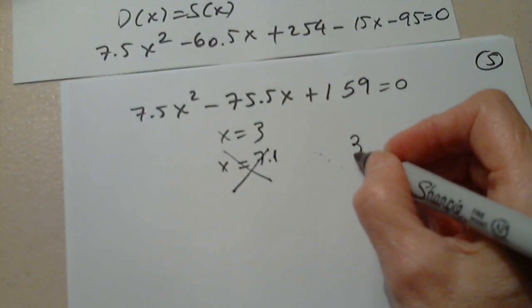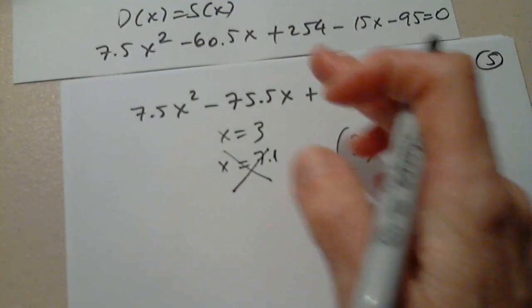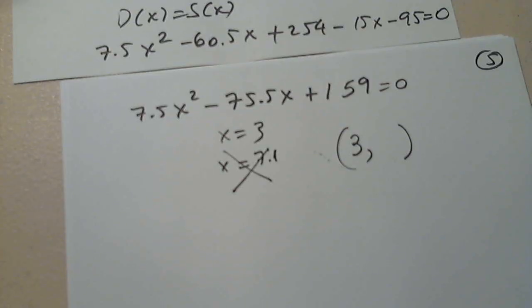So the equilibrium point is (3, ...), and now both of them are the same number at 3, of course. So I will plug in 3. At 3, both have to be the same, 140.